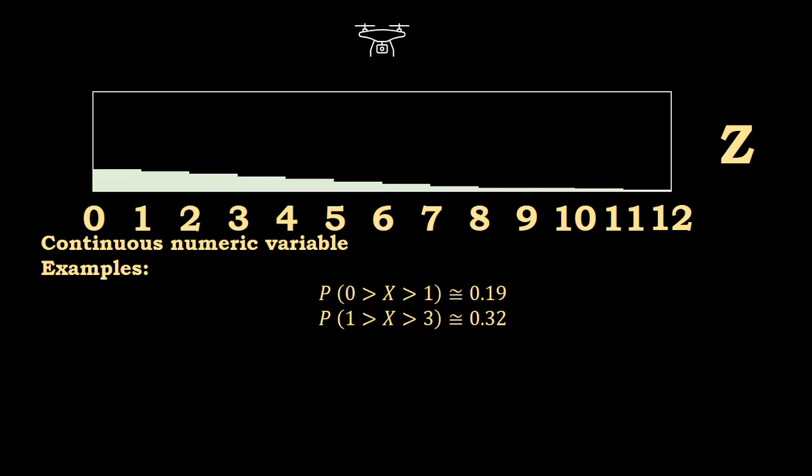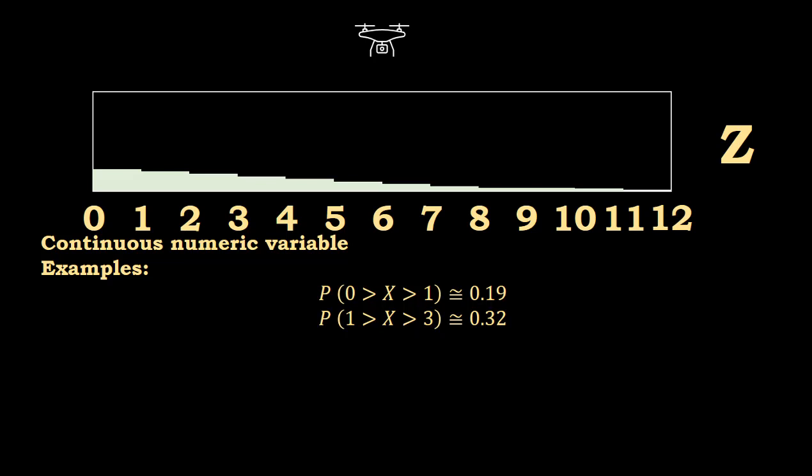For example, this is a very imprecise way of determining probabilities in this case, but the probability of the random variable x taking values in the interval between 0 and 1 is around 0.19, following this representation of the CDF.